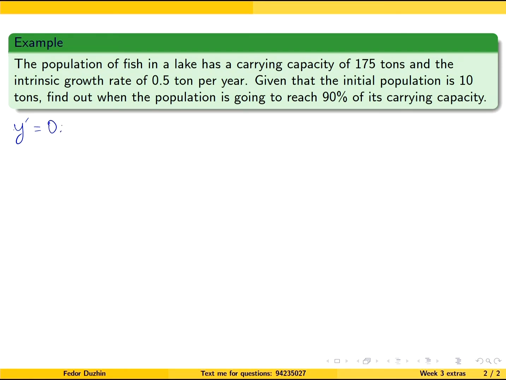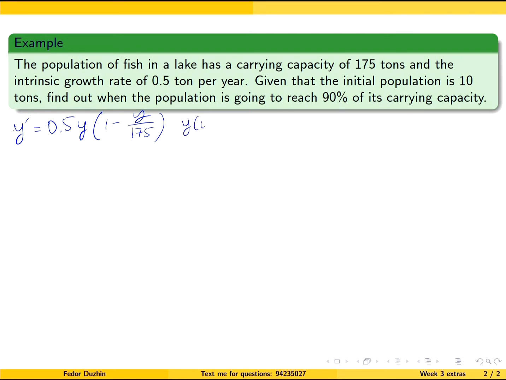So it means that y prime equals 0.5y times 1 minus y divided by the carrying capacity. The carrying capacity is 175 tons. And so this is our logistic differential equation. And then we have this initial condition. The initial condition tells us that y of 0 is 10.